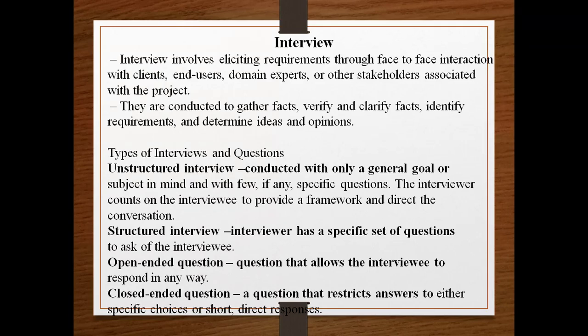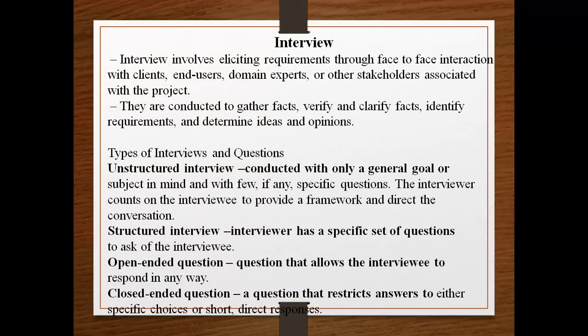Now there are different types of interviews and questions. The first is the unstructured interview, which is conducted at a general level, with a subject in mind but very few specific questions. The interviewer will count on the interviewee to provide a framework and direct the conversation. So here they will depend on the customer.